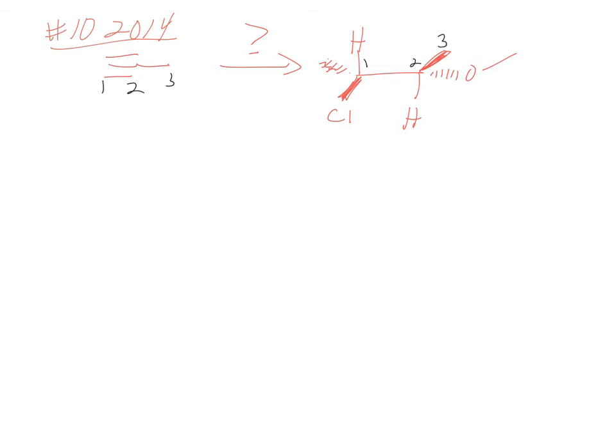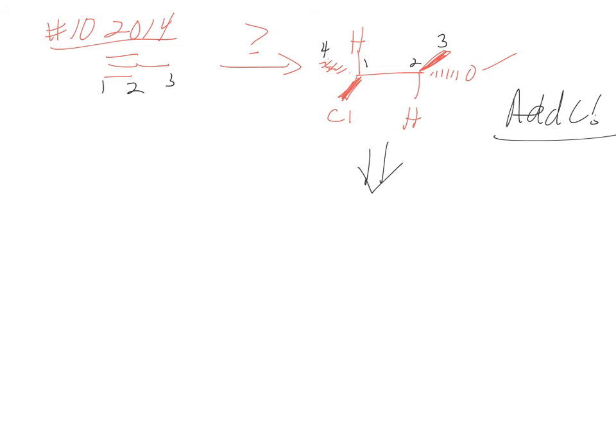Did we add any carbons? Yes, we added a carbon. How many carbons do we add? One carbon-carbon bond. We've added one carbon through a carbon-carbon bond. So we're going to add a C, and we'll call that number 4, I guess.